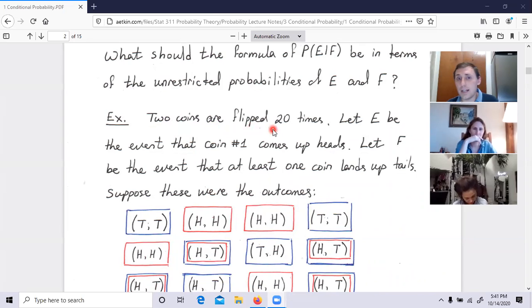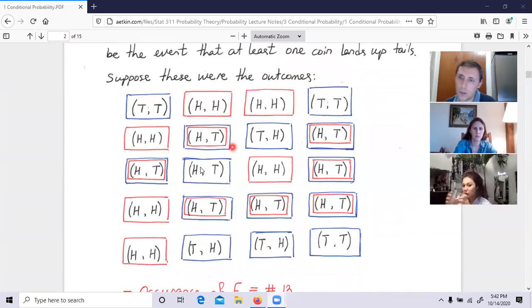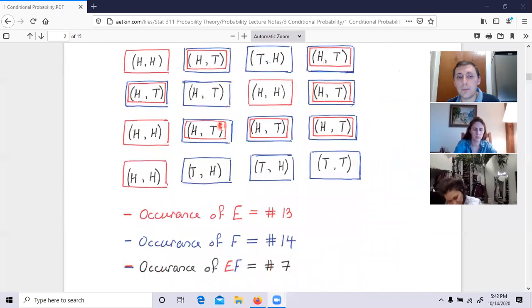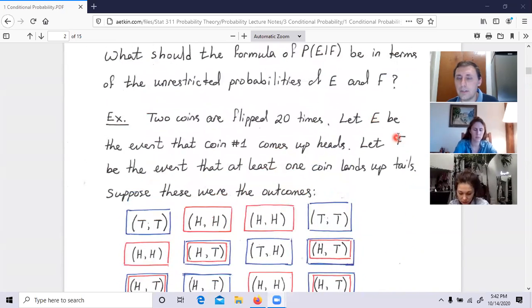Two coins are flipped 20 times. Let E be the event that coin 1 comes up heads, and let F be the event that at least one coin lands tails. These were the outcomes; I just simulated it and those were the actual outcomes of throwing the coins. We are interested in estimating the probability of E happening given that F happened.